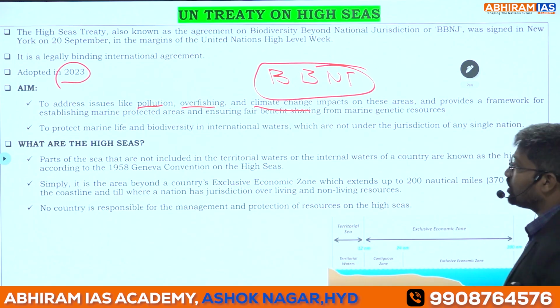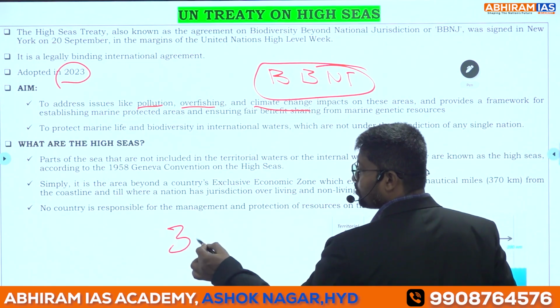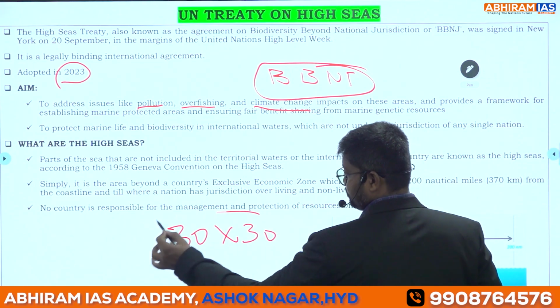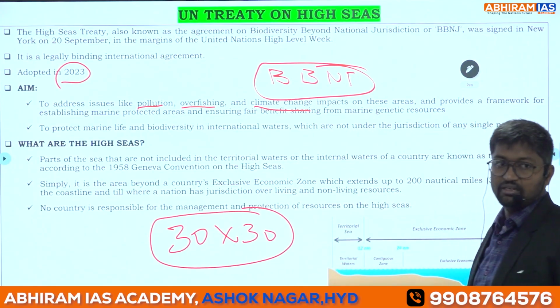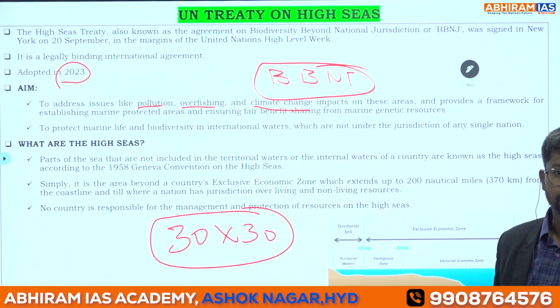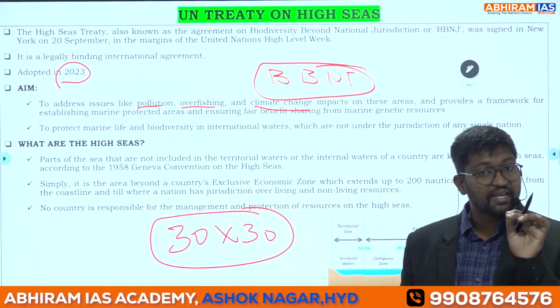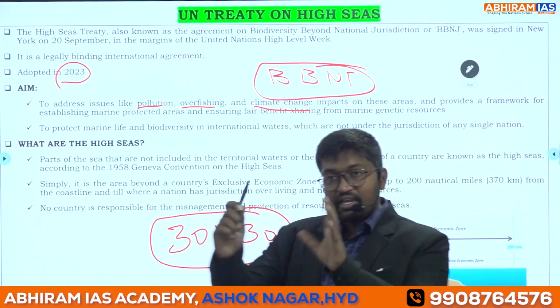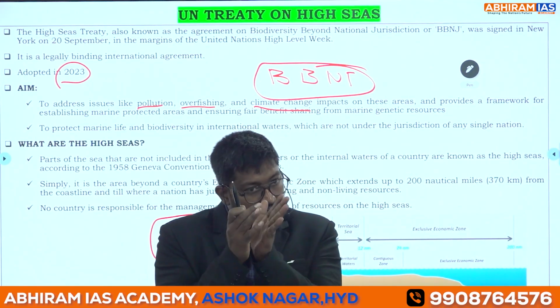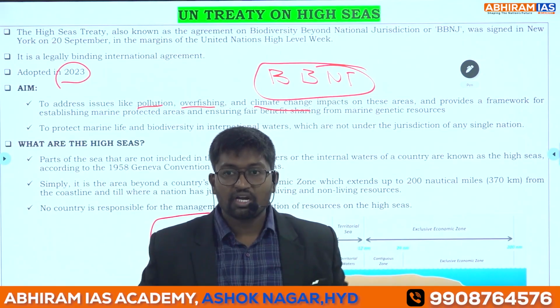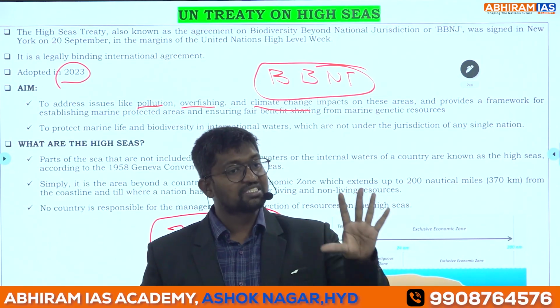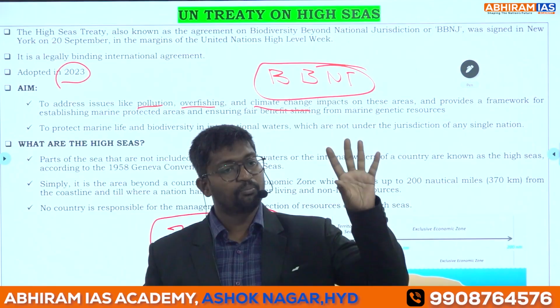In this context only, do you remember that we discussed 30 by 30? 30 by 30 is not a 2 BHK apartment or a bedroom. It means making 30% of the terrestrial or land ecosystem designated as protected areas.